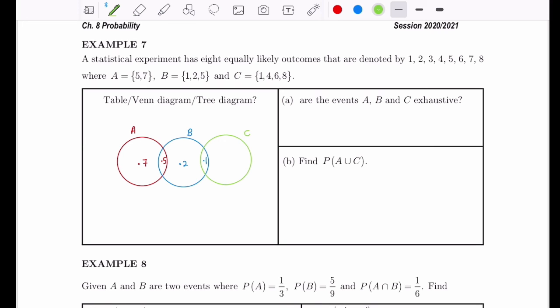So in C, we're going to put number 4, 6, and 8. So there's still a remaining number, which is number 3. So number 3 is put outside the circles, but still within the sample space. So we're going to put a box to represent the sample space.